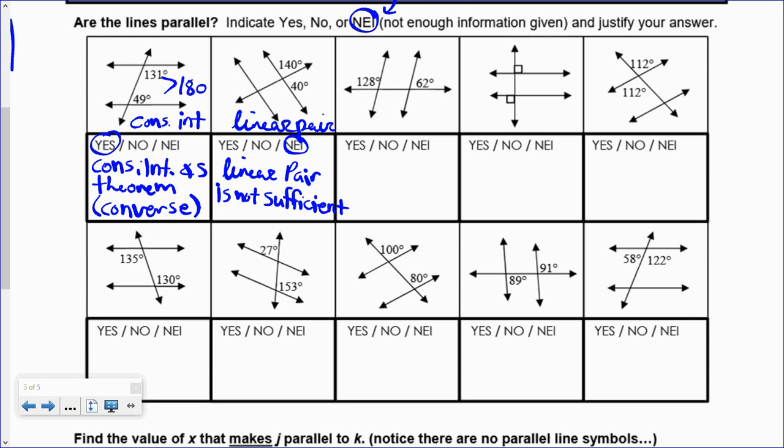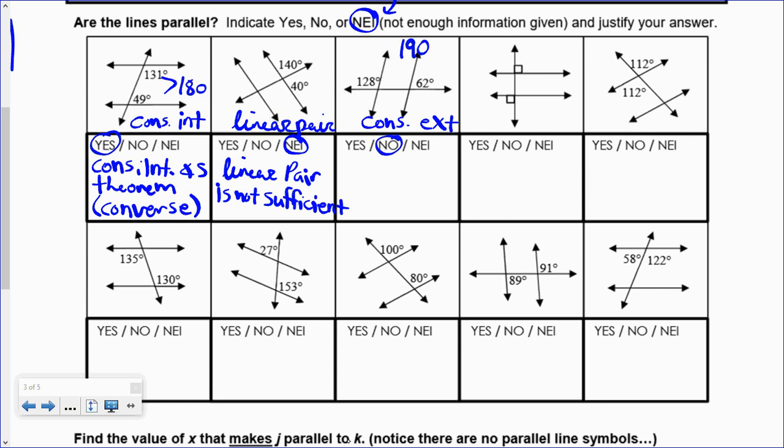All right, what about the next set? What kind of angles are those? Consecutive. Okay. What should be going on with the consecutive exterior angles if I want the lines to be parallel? When you take 128 and add 62, what do you get? Is that what it's supposed to be for them to be parallel? So are these lines parallel? You would say no. Now, the defense for no is not going to reference a theorem.